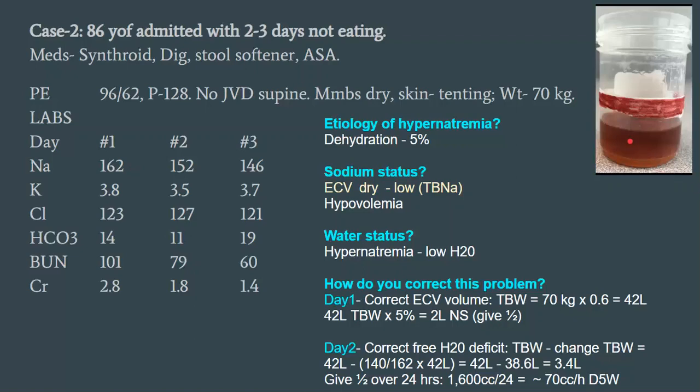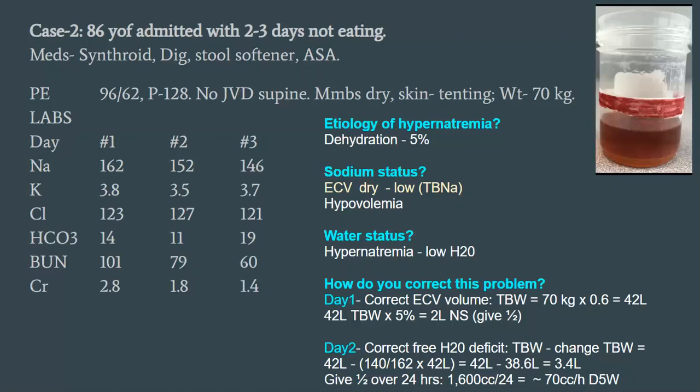And what we've got down in the left-hand corner, we always have two problems. We have the problem of volume, and then we have the problem of hypernatremia. So we have a volume deficit here, and then we have a free water deficit at the same time. So the first thing we always want to try to do is correct for volume.